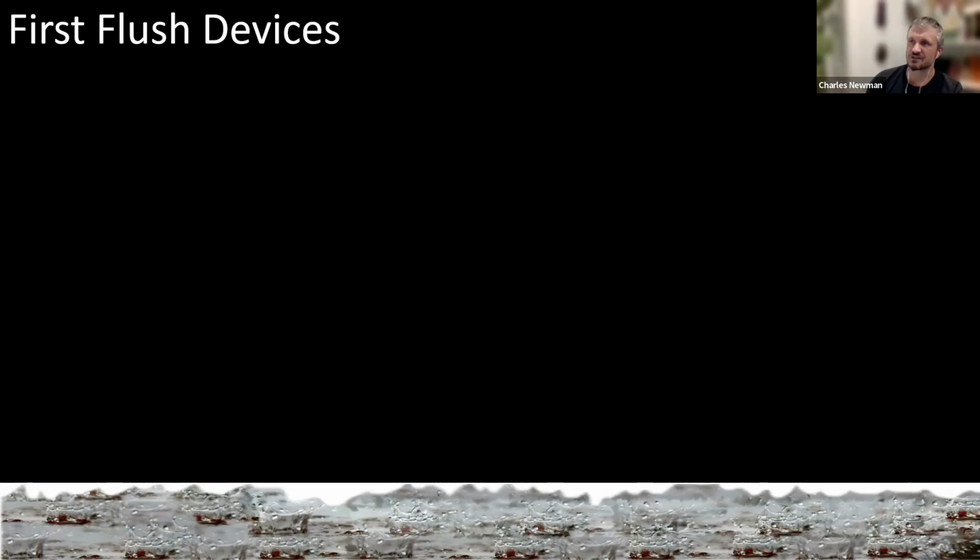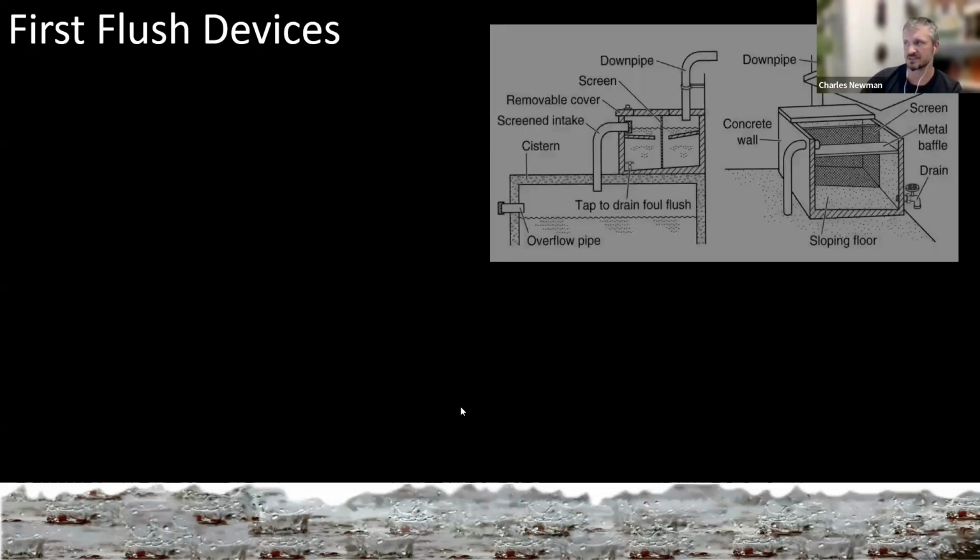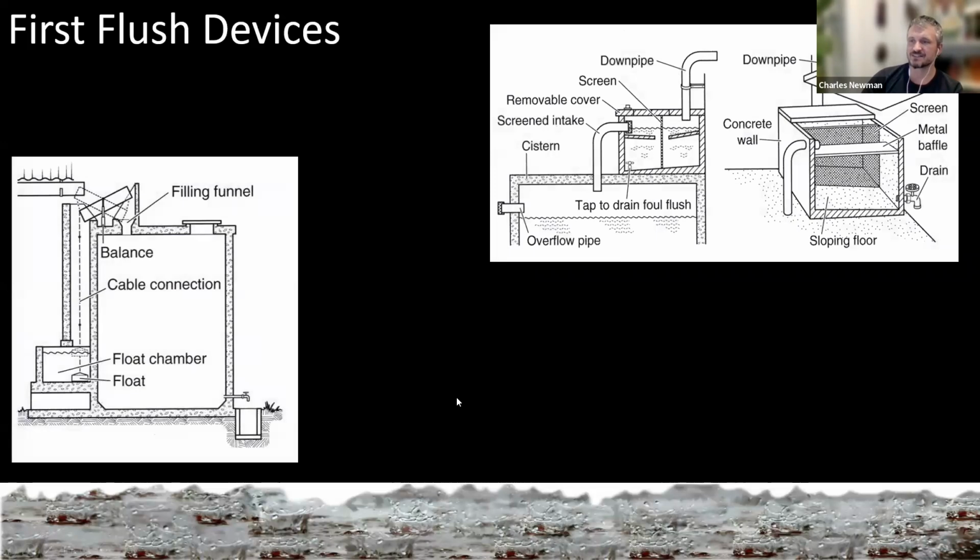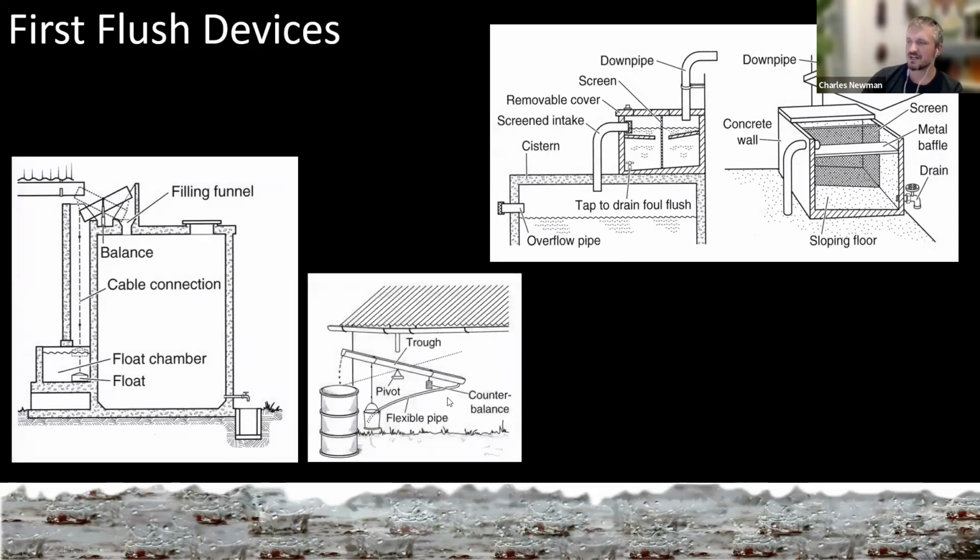So a first flush device allows a first quantity of water to wash the roof, and you divert that quantity of water away from the tank before then diverting the rest of the rain into the tank. So these systems can vary in complexity, as you may imagine.